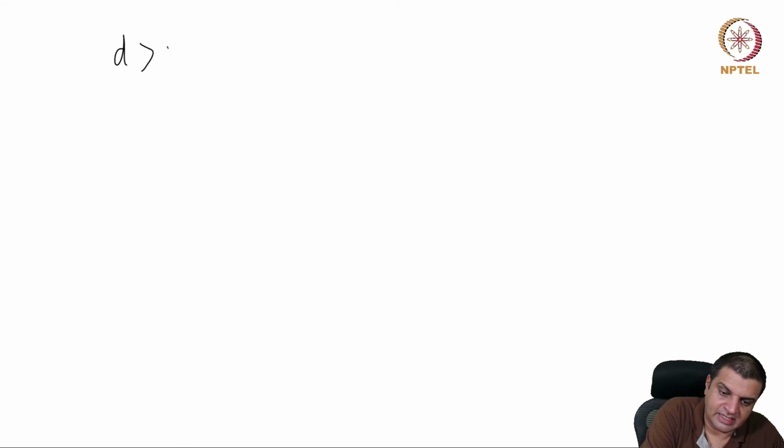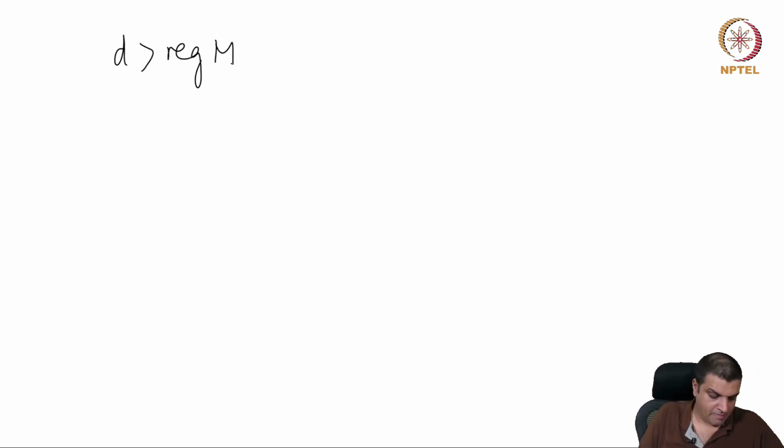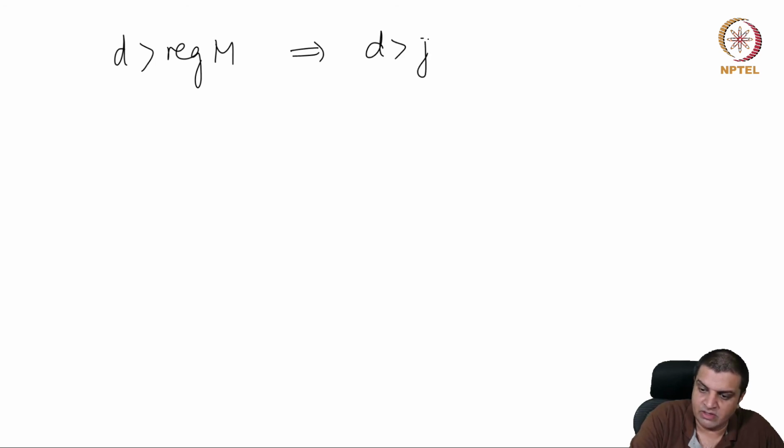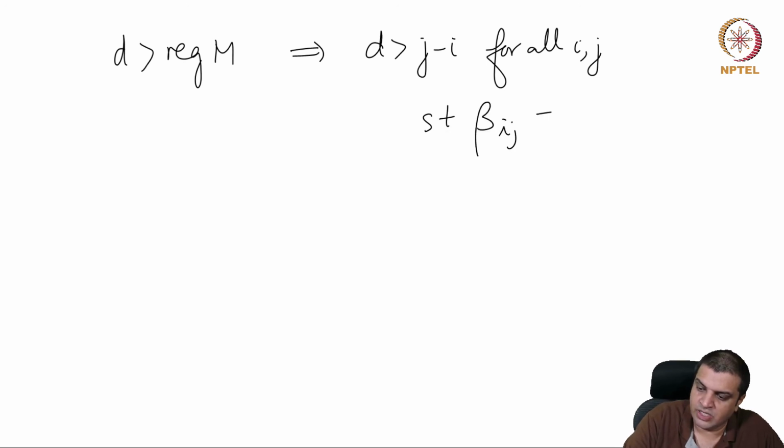Okay. So now our assumption is that D is greater than the regularity of M, which implies that D is greater than J minus I for all I, J such that beta IJ is not 0.